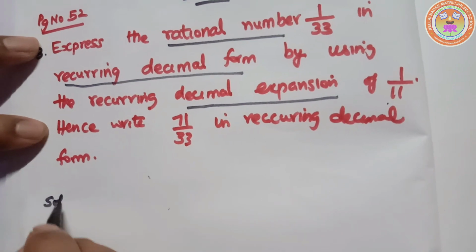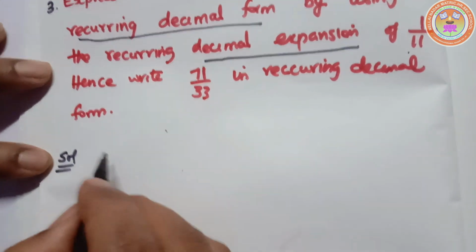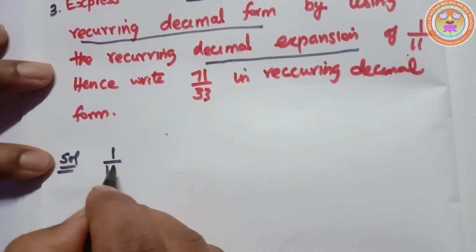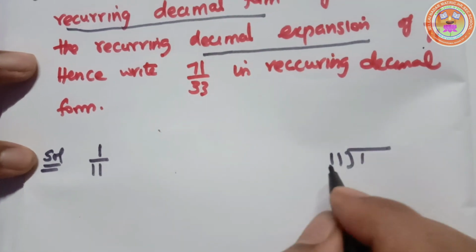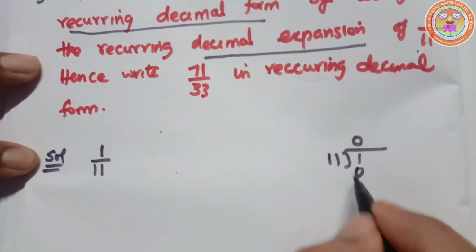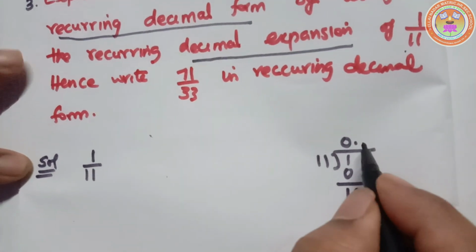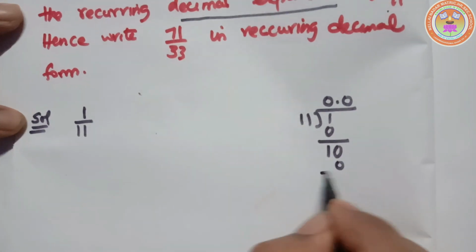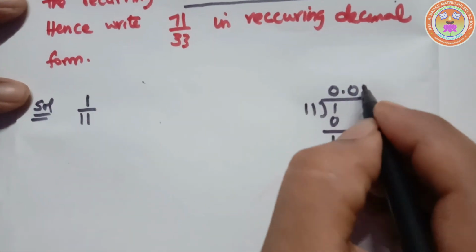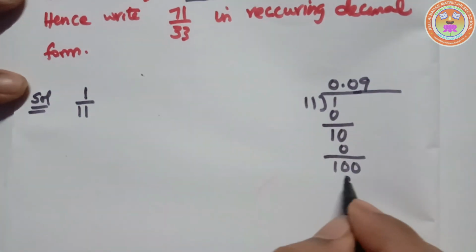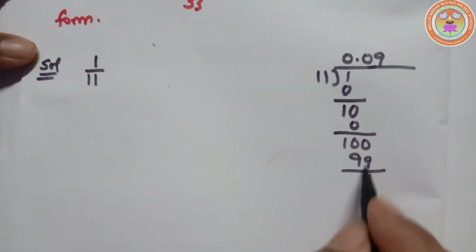So, solution, children. First you take 1 by 11. So 1 divided by 11: 0 times, remainder 1. Now 11 how many times into 10? 0 times. So 10, take another 0. 11 nines are 99, remainder 1.